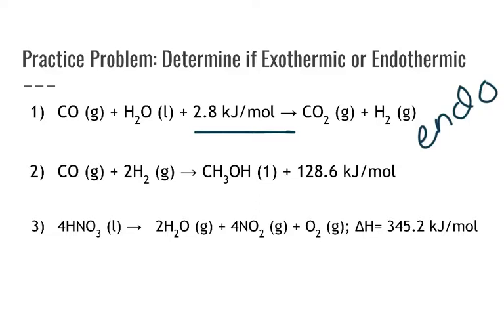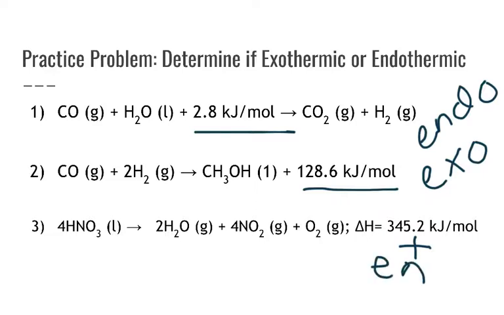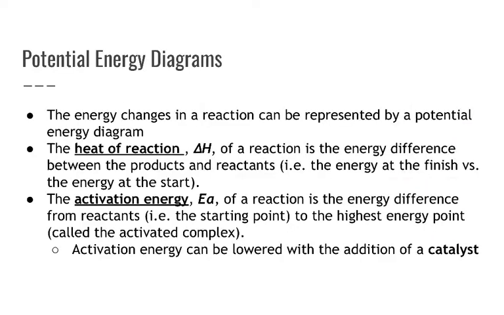Versus in number 2, it's written as a product, which means it's being released, so that would be exothermic. Now, if you look at number 3, it's not in a product or a reactant, but I notice that it's positive. So again, that means it's being absorbed, so it's going to be endothermic. If that was written as a negative number, that means it would be released, which means it would be exothermic.